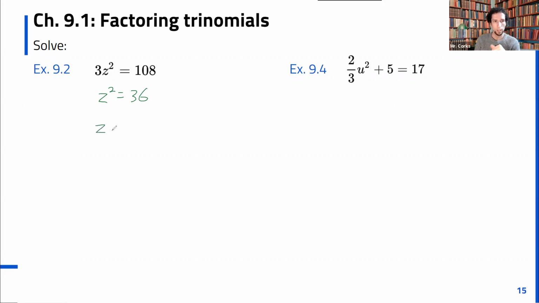And then take the square root of both sides, plus minus square root 36. 36 is a clean square, so plus minus 6. So z is equal to 6 or negative 6. All right, still not so complicated. Let's try this one here on the right.